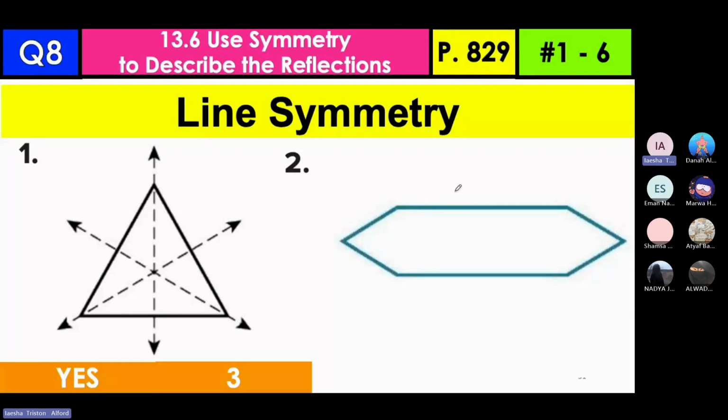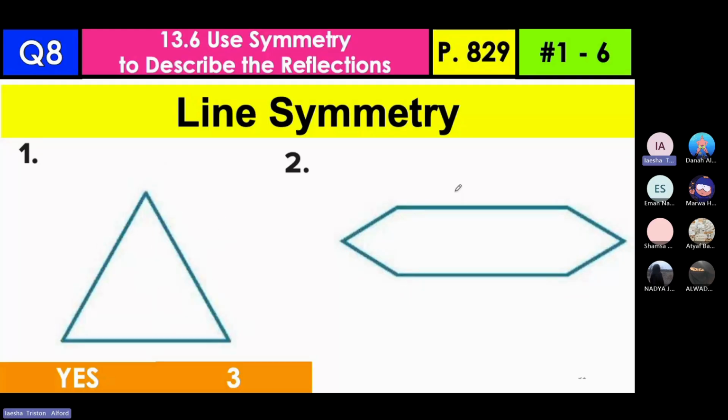Each one of those lines, let me remove it. If I draw a line going this way, the left is matching the right. If I draw a line cutting across this way, this corner is going to match this corner if I flip it.